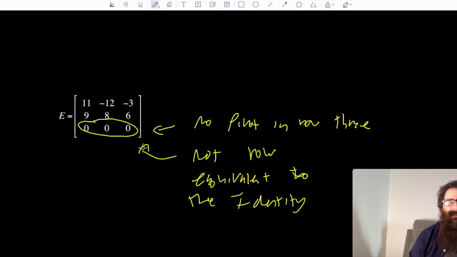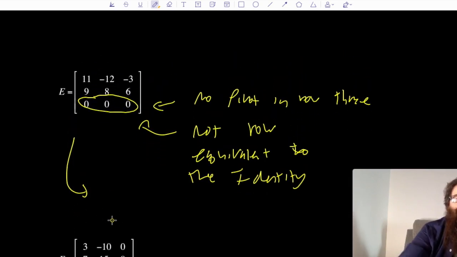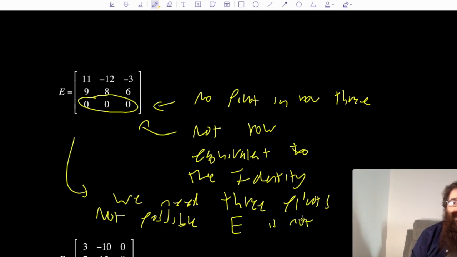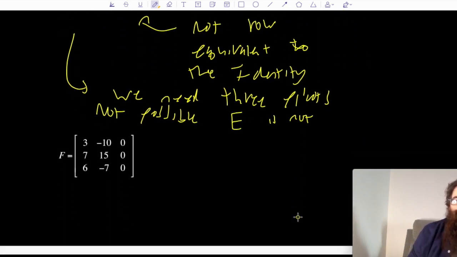So right away, just by looking at this one, we can start making some arguments. Not going to have enough pivots. We need 3 pivots, not possible, which means the matrix is not invertible. So E, matrix E, is not invertible.